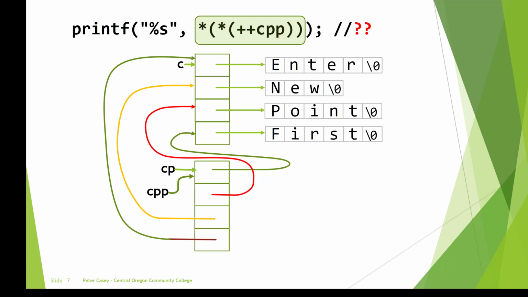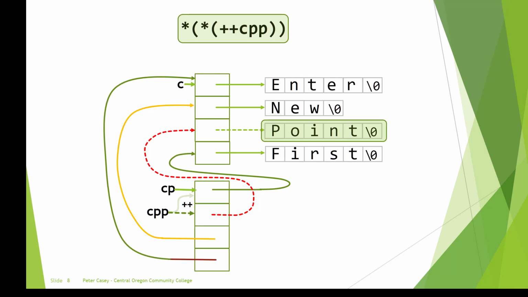Now remember, the pre-increment operator there is actually going to change what CPP is pointing at. So it'll actually not only move the pointer, but it actually updates the variable in memory. Okay, let's take a look.